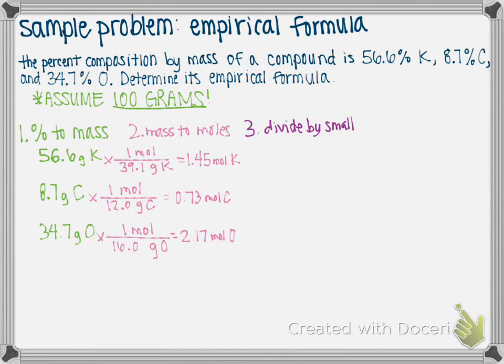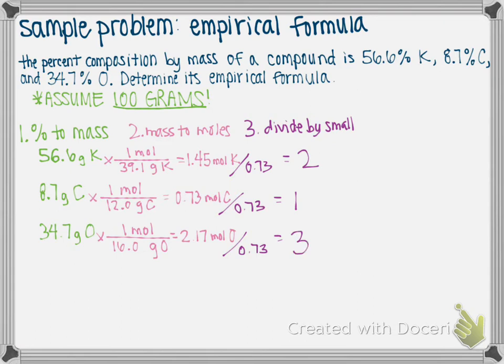You are going to determine the smallest of those three, and you're going to divide all of them by your smallest number. So your smallest number is 0.73, so we divide every single number by 0.73. Because this is going to give us our ratio. The first one equals 2, the second one obviously equals 1, and the third one equals 3.